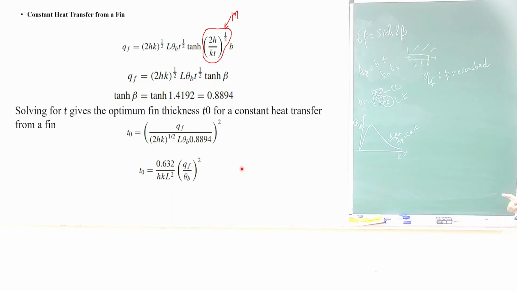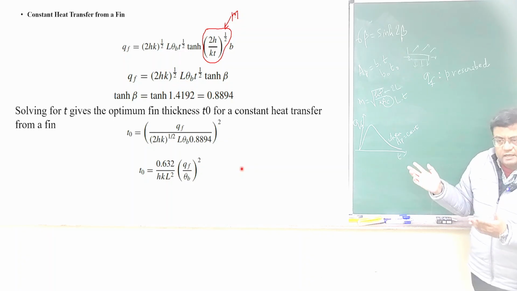Now you say that to get that much amount of heat transfer, I want an optimized fin, because this QF may come from various fin profiles, maybe some long fin, some short fin, some fin with larger thickness, some fin with smaller thickness. That's possible, right? They will all carry QF.